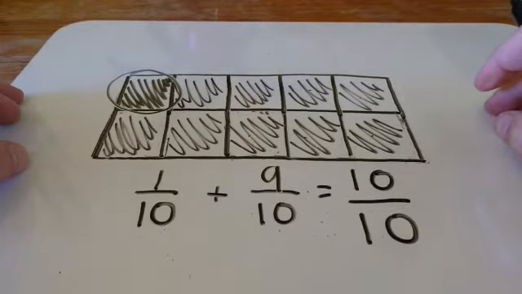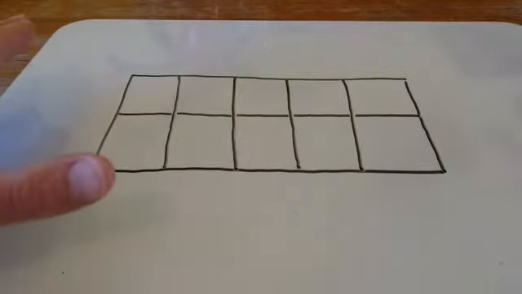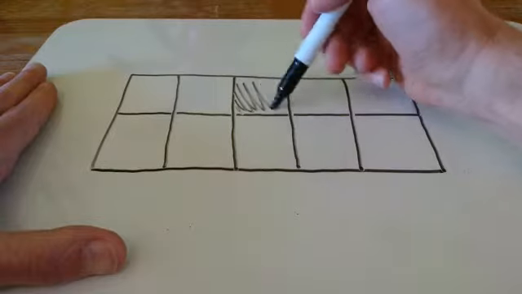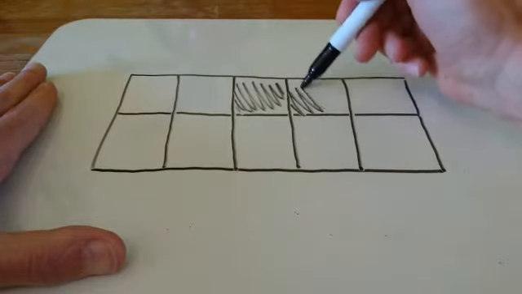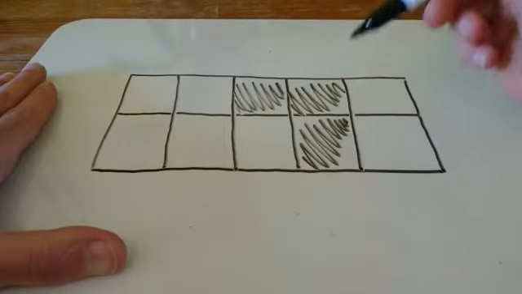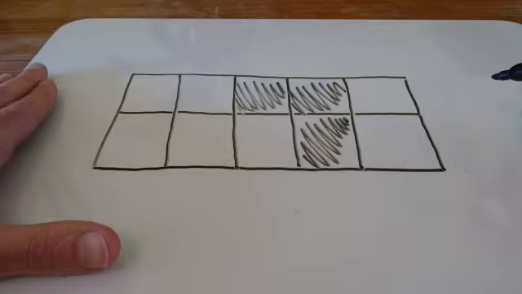So what I'm going to do now, I'm going to give you a few little examples for you to follow. Okay, so remember, we're going to be making the whole, okay? So, I'm going to colour in this amount here. How many more would I need to colour in the whole thing?